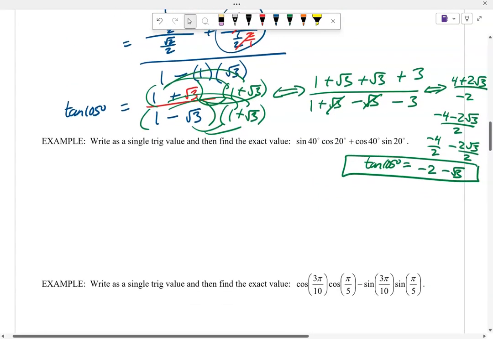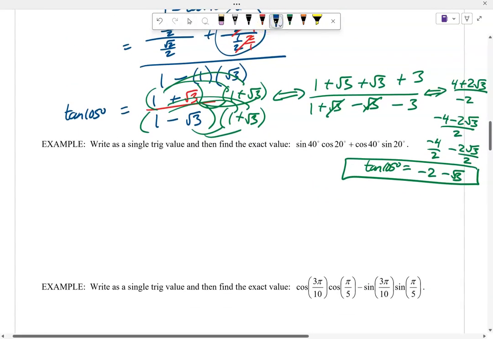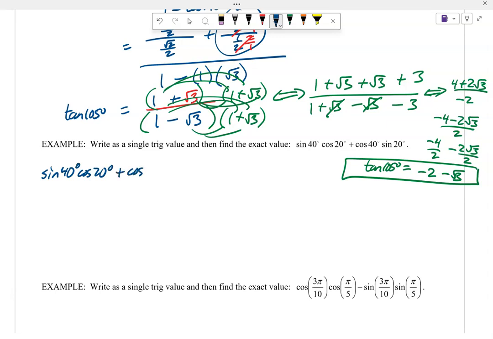Now in this next one, we're actually going backwards. Notice I have sine 40 degrees cosine 20. That's my x and my y, plus cosine 40 sine 20, right? So think about it this way. That's like sine x cosine y plus cosine x sine y, where x is 40 and y is 20.